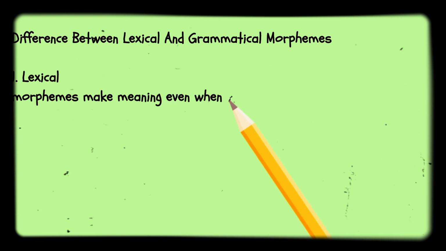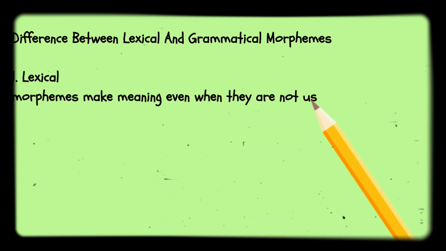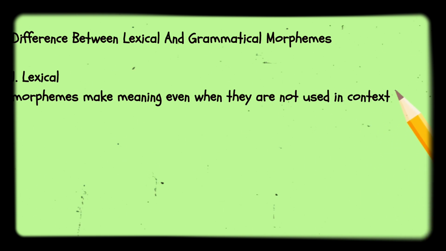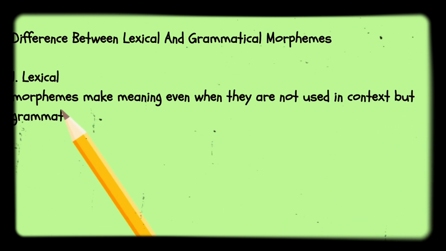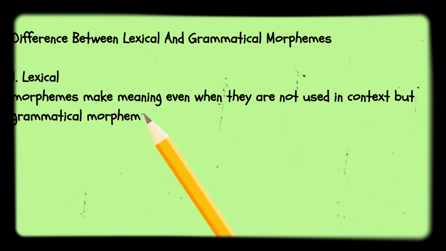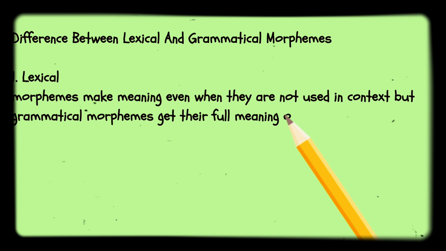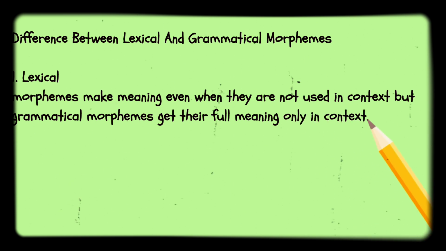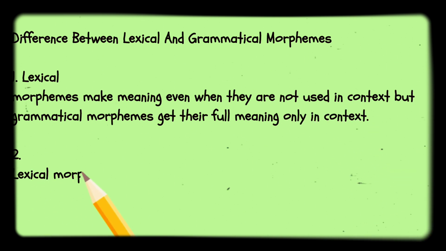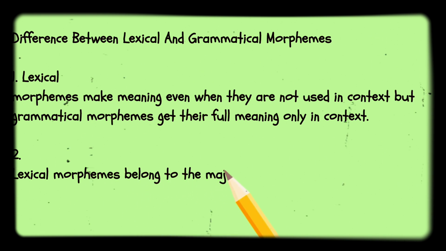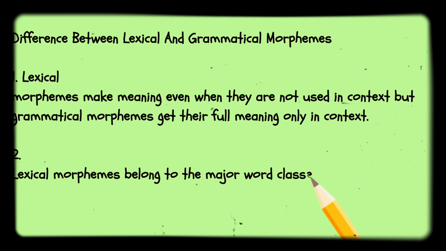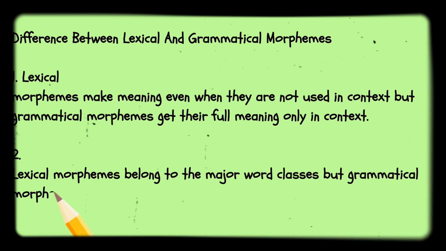But with the grammatical morphemes, they can be used only in context, as we saw from our examples above. Our next difference is that the lexical morphemes belong to the major word class, and the grammatical or functional morphemes belong to the minor word class. In our next lesson, we'll be treating word classes, so when we get there, I'll further elaborate.